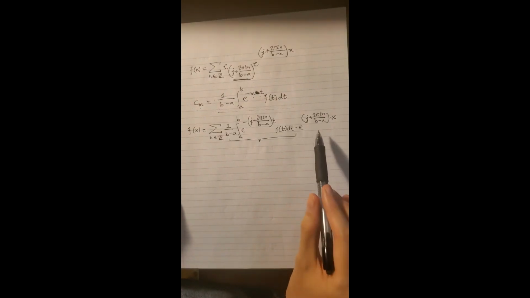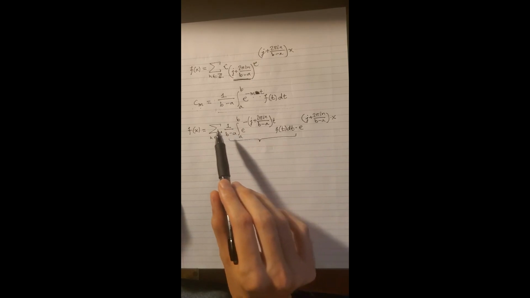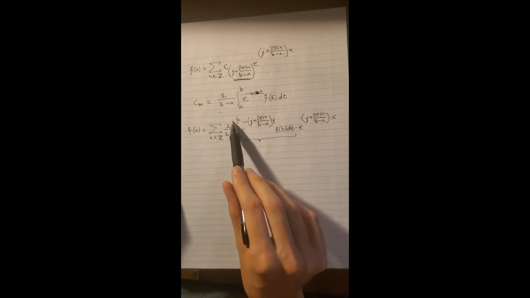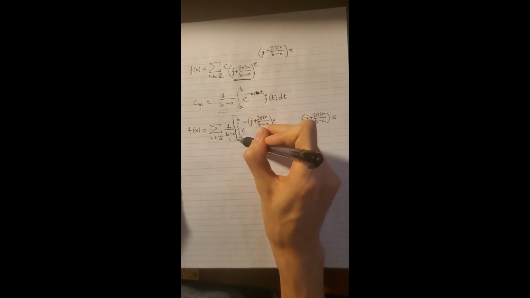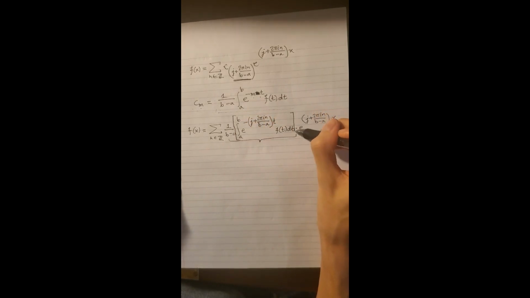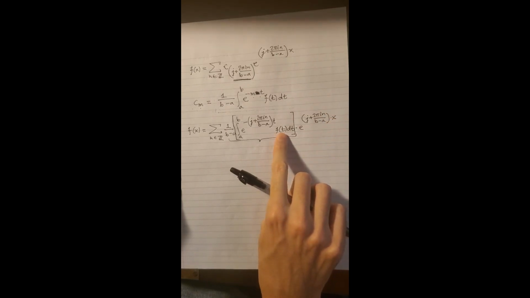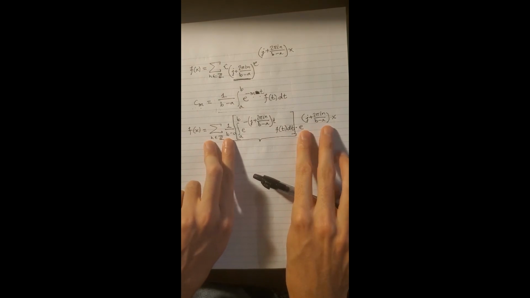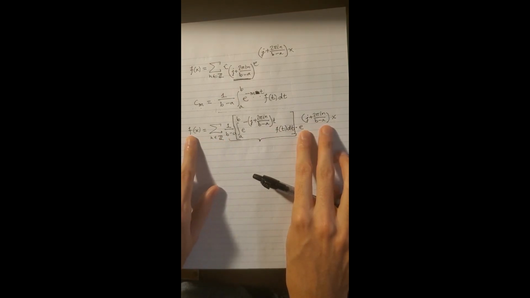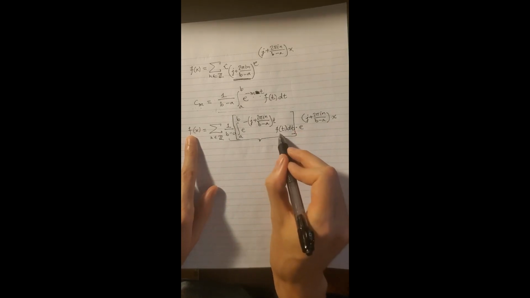And if you notice here, we're basically applying some operation on f, just a function, and then we're doing some more stuff to it, and we're getting f back. So there's f.